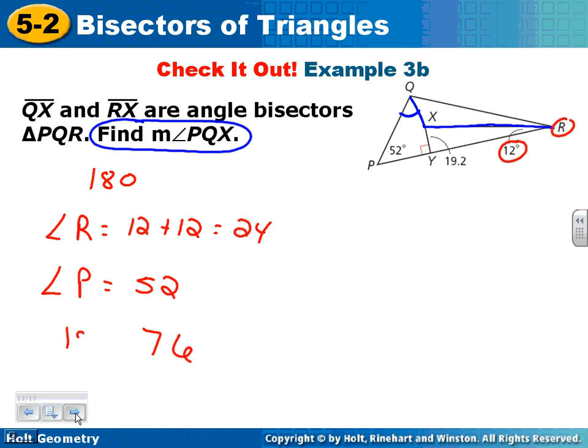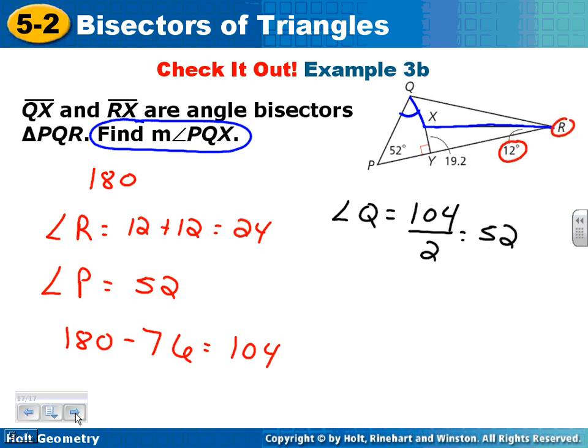That means if I take 180 and I subtract 76, I get 104. That means that angle Q as a whole is 104. But I only want half of it. Well, half of 104 is 52. That means the measure of half, PQX, is 52, and that would be my final answer, 52.